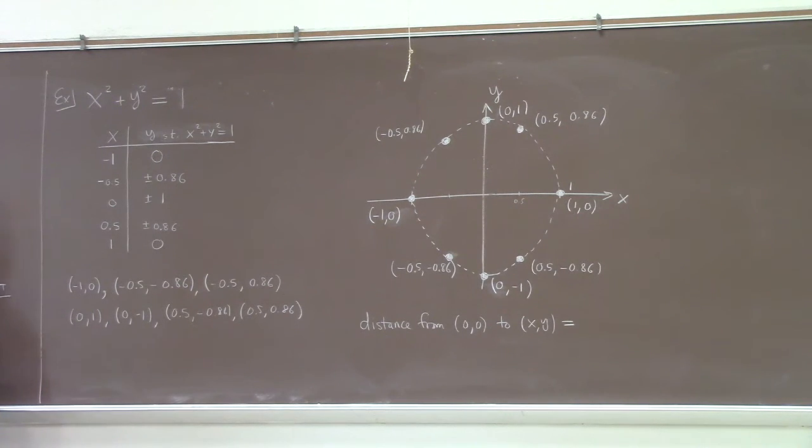If I was to go back over here and erase the evidence of this part of class and instead draw you a picture, and I was to say, what's the distance from the origin out to that point, what would you tell me? What's the length of that line? You imagine like a little right triangle, right? This distance is x. This distance is y. So this is the square root of x squared plus y squared, right?